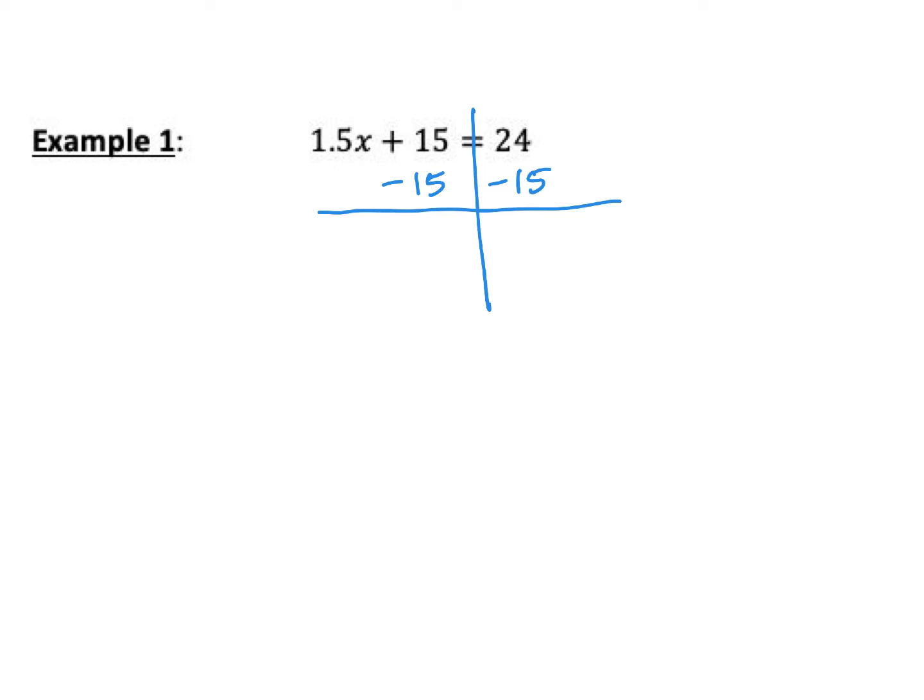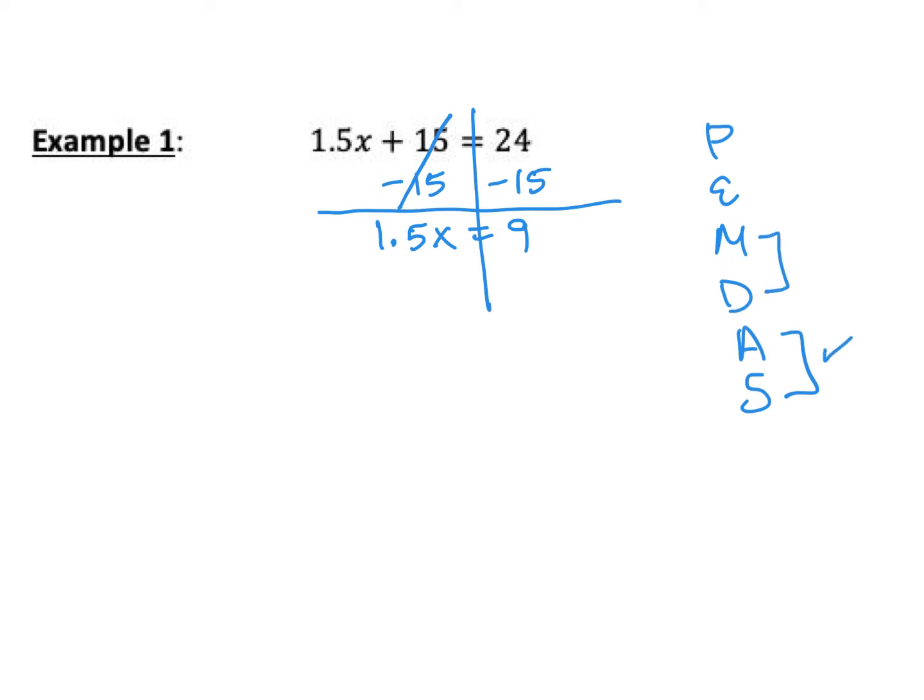And so we have positive 15, negative 15. They cancel each other out. I still have my 1.5x left over. And then we do 24 minus 15, which is 9. Now that we've looked for addition and subtraction, we're going to look for multiplication or division.